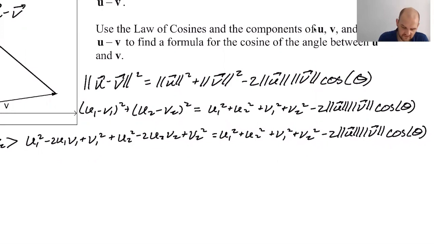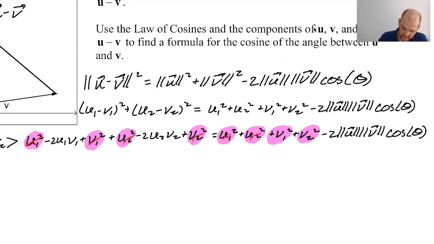Now what's nice is that everything that's squared is showing up on both sides here. So I can just subtract those off from both sides and they'll be gone, right? Boom, boom, boom, boom.